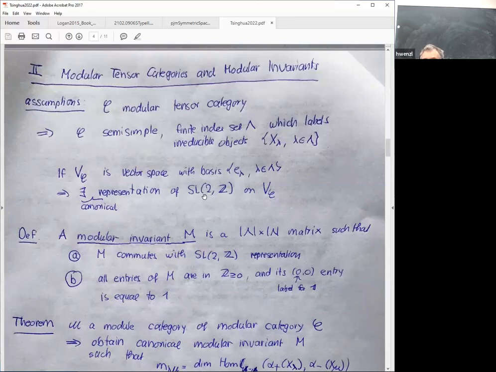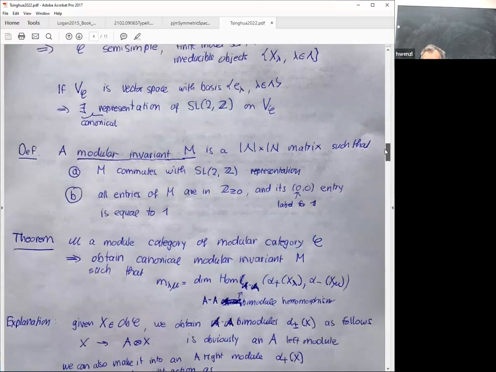So of course, these are the 2x2 matrices with integer coefficients and determinant equal to 1. Okay, so we have this representation. So we now can define what is a modular invariant.